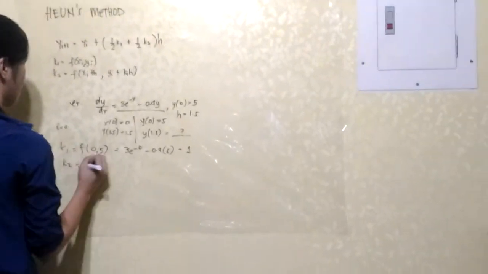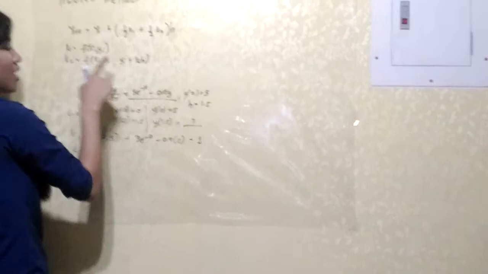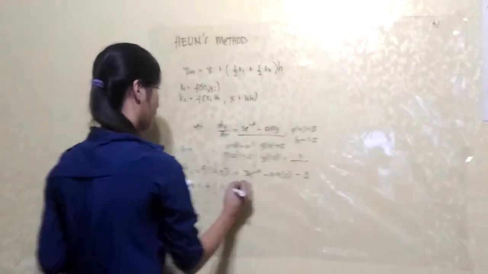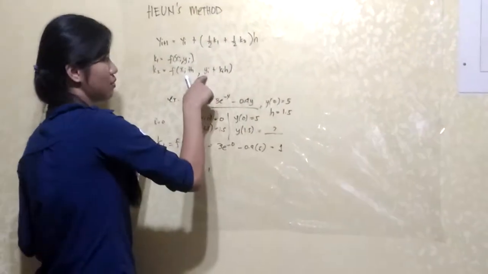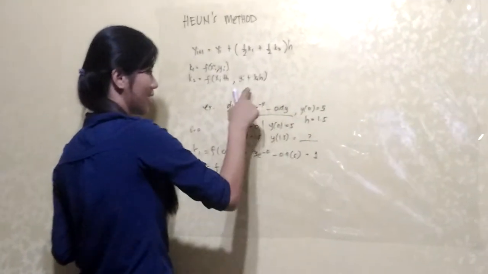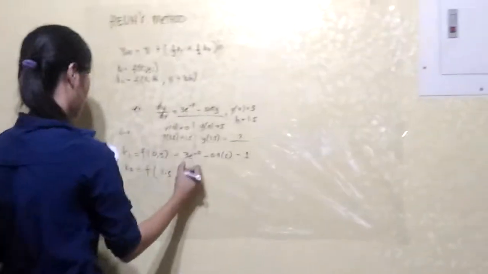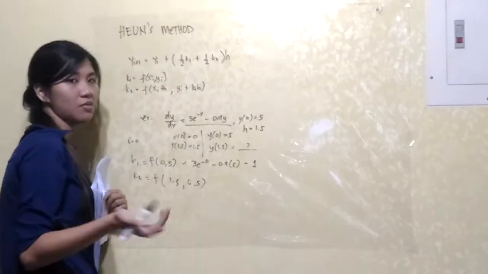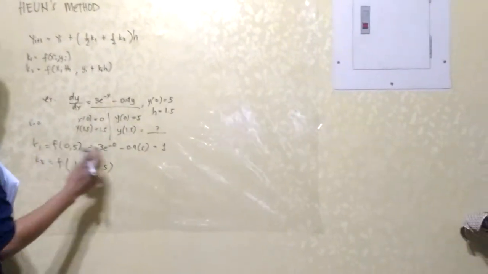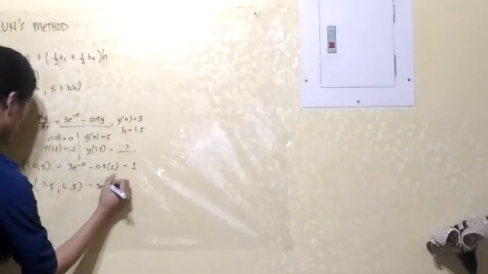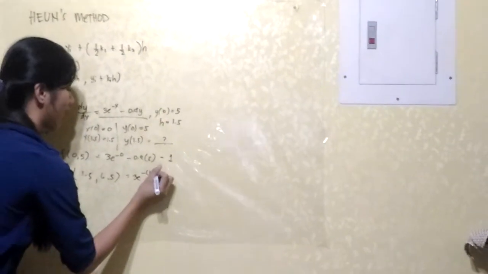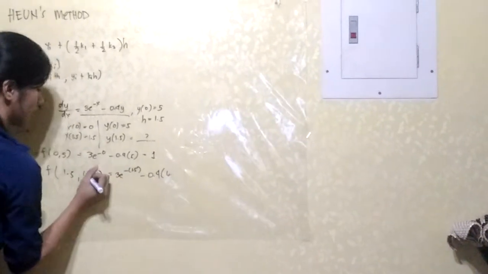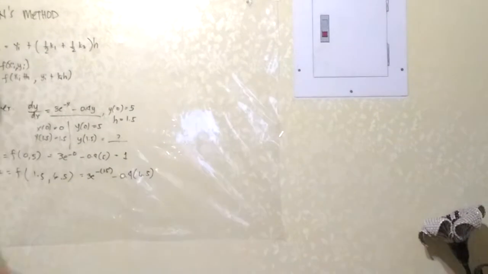For k2, that will be the function of x sub i, which is 0 plus h, that would be 1.5. And for y, that would be 5 plus k1 times h, which is 1.5, so that would be 6.5. We're going to plug this into our equation: 3e to the negative 1.5 minus 0.4 multiplied by 6.5.